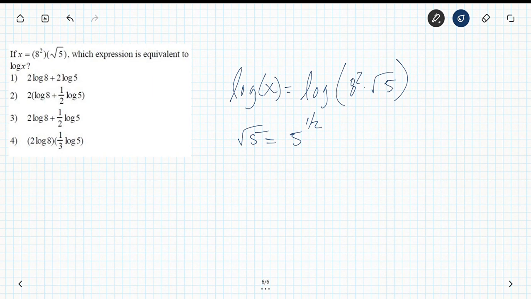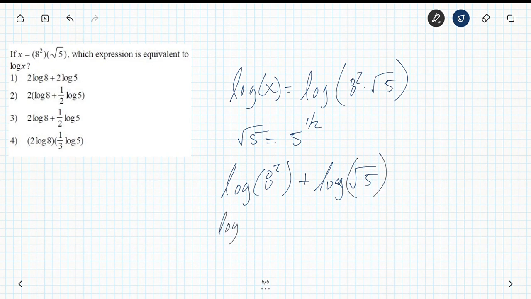So since this is the product of two things, we can express this as a sum. So that is going to be the log of 8 squared plus the log of the square root of 5. Okay, and the square root of 5 can be expressed as the log of 5 to the 1/2.